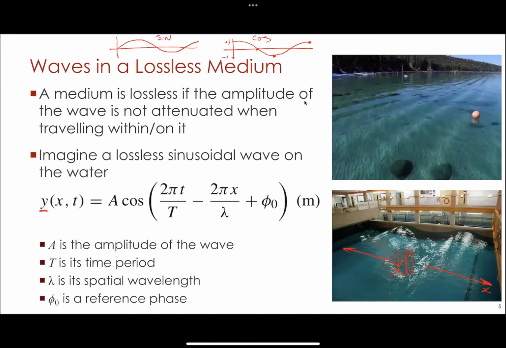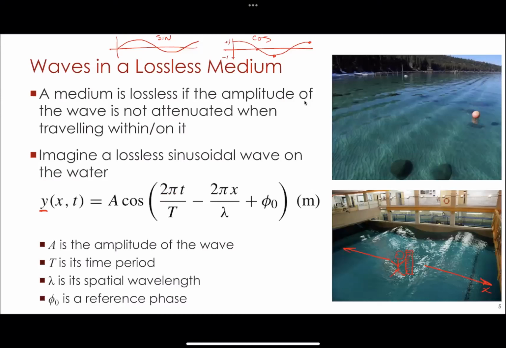And if you froze time, and it's like one of those movies where you can freeze time but you can still walk around and do stuff. Well, if you froze time, but then you could walk left and right in the X direction down the pool and make different height measurements of the wave, what you'd be doing is figuring out what the height is in terms of X at a particular time T.